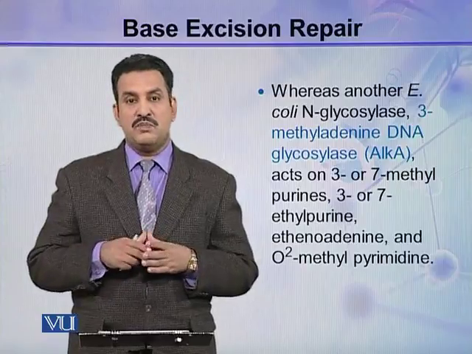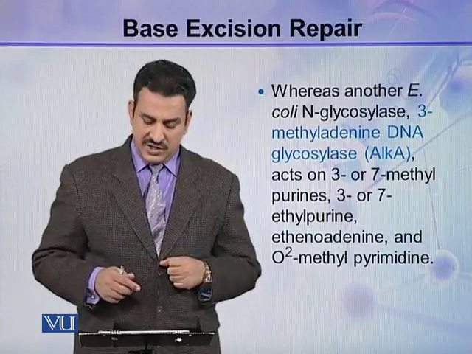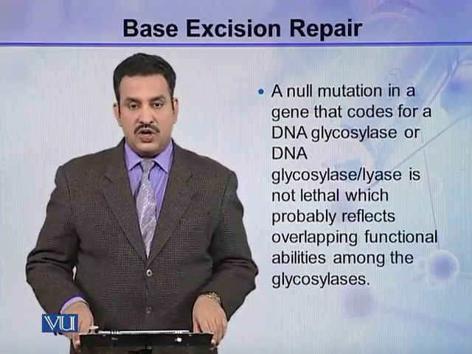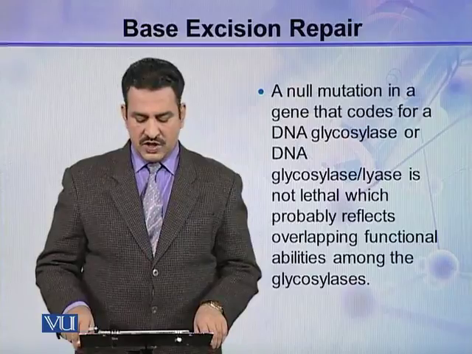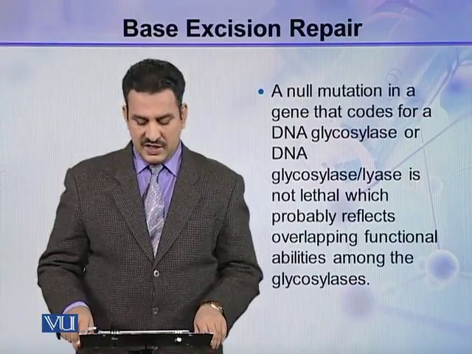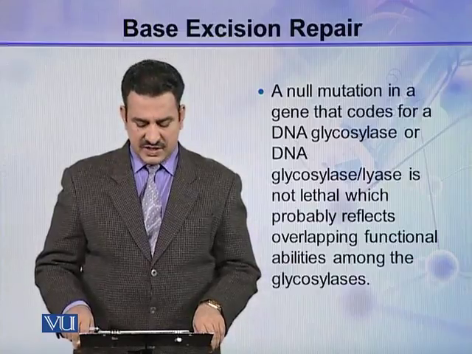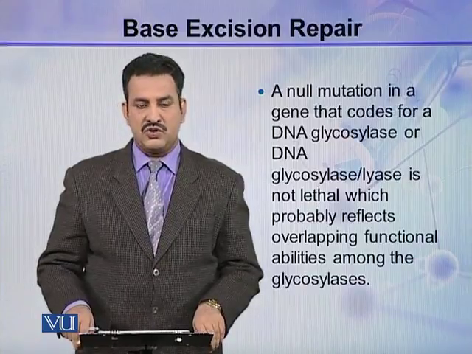So it has a very broad specificity. It can act on a number of altered bases. So a null mutation in a gene that codes for a DNA glycosylase or DNA glycosylase lyase is not lethal, which probably reflects overlapping functional abilities among the glycosylases.